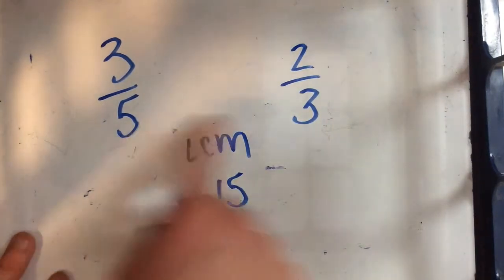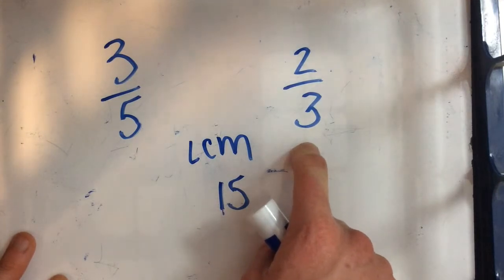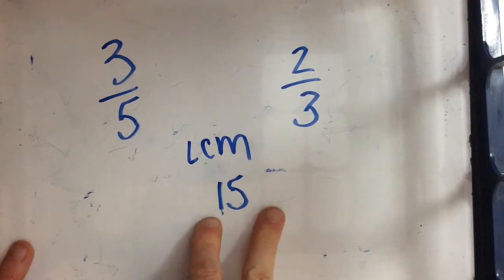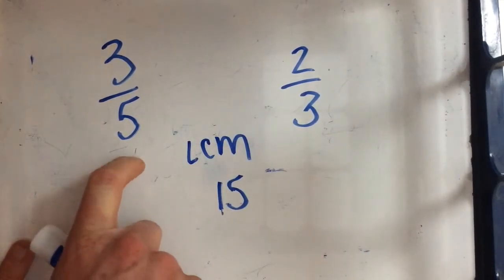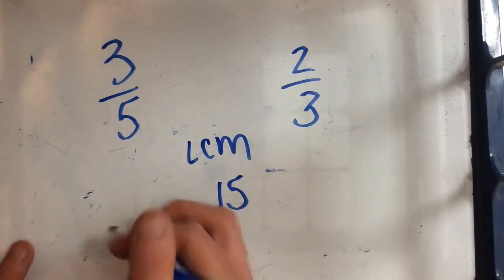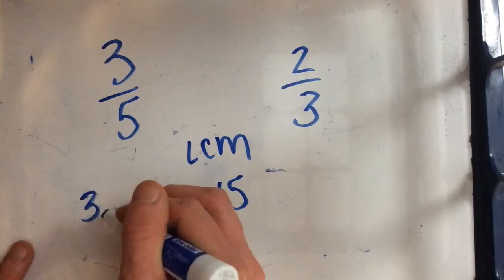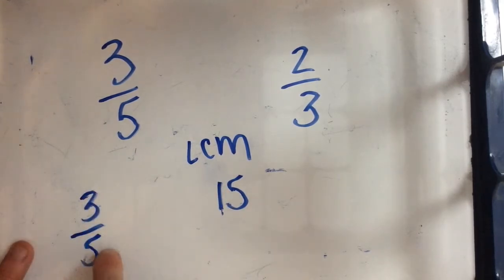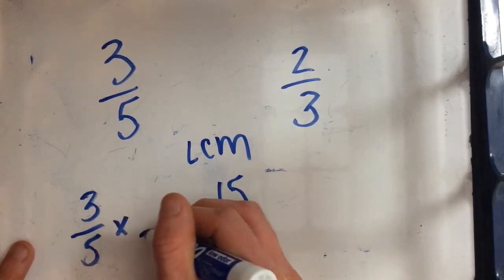So now we're going to use the least common multiple to help us compare these fractions, okay? So we want to turn both of these fractions into 15ths so that we can see which is greater. So if I want to make 3/5 into 15ths, to get 5 to 15ths, I know I have to multiply by 3.